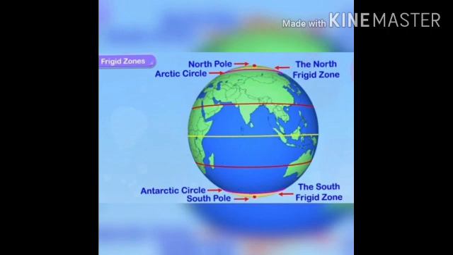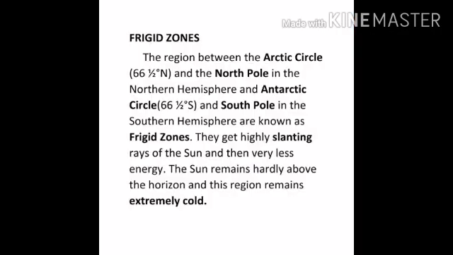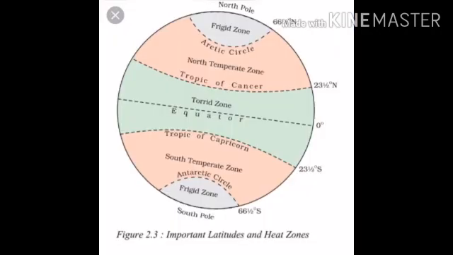Again, the north frigid zone lies between the Arctic Circle and the North Pole, while the south frigid zone lies between the Antarctic Circle and the South Pole. At the poles, the frigid zones get very little sunlight and warmth of the sun. Look at this picture. The ground here is largely frozen most of the time and is known as permafrost, which means permanently frozen ground. Thus, heat zones are located on the globe.